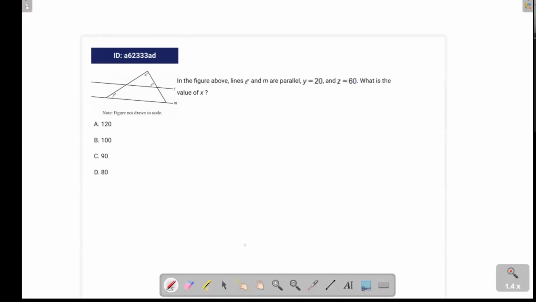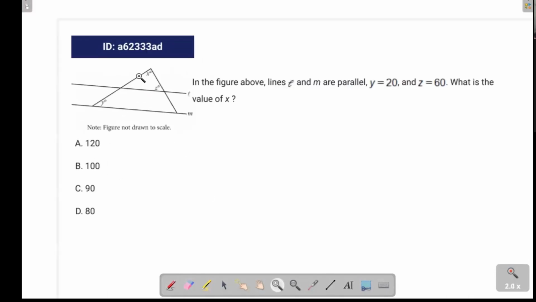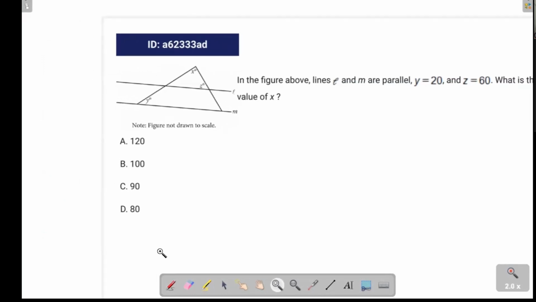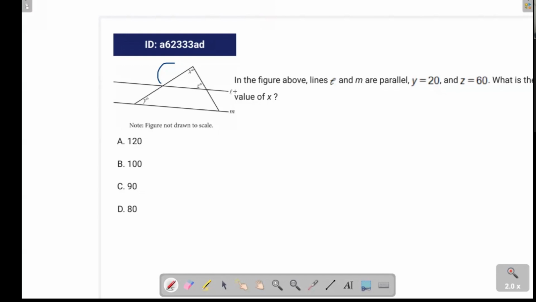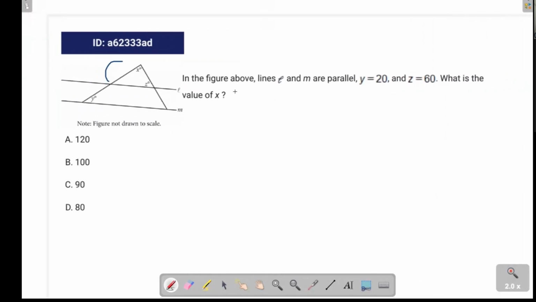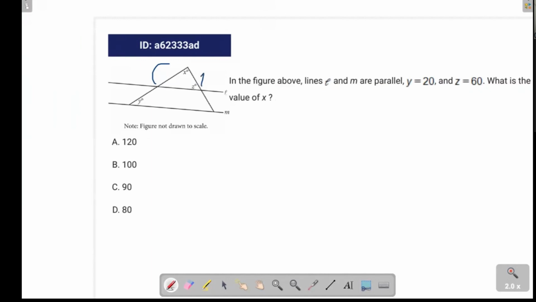I'm going to just zoom in on this really quick just to see it better. So we have two triangles, but we're focusing on this smaller one right here. We need to figure out what X is. We know what Z is. The question tells us that Z is 60.